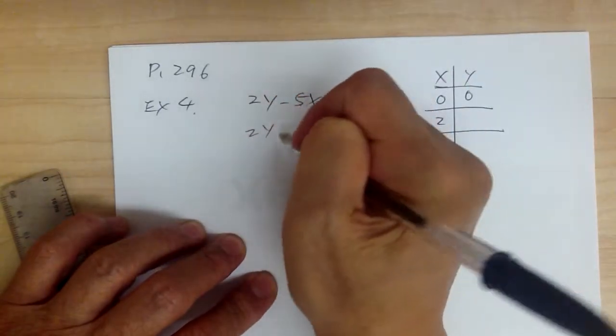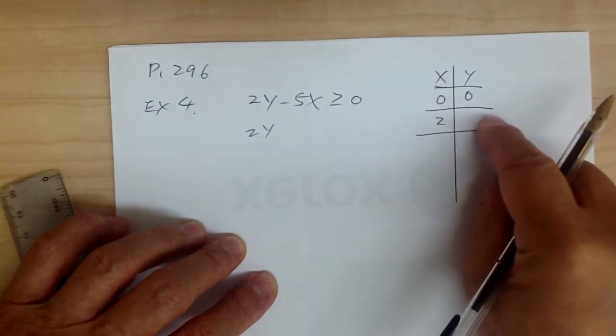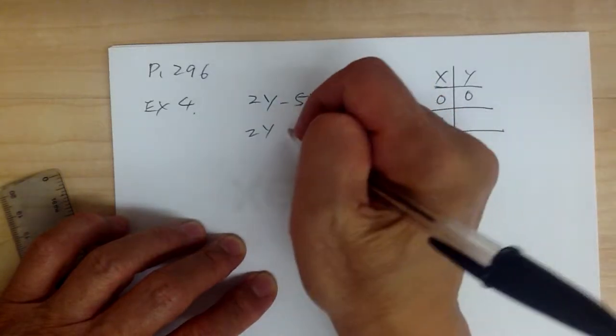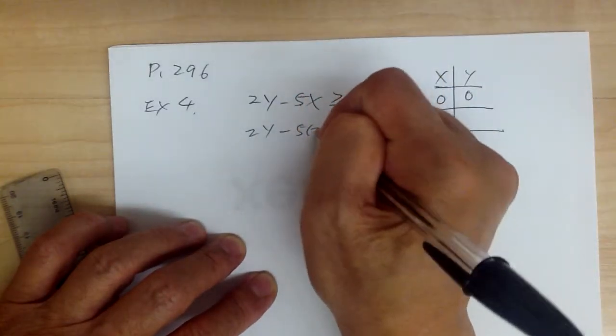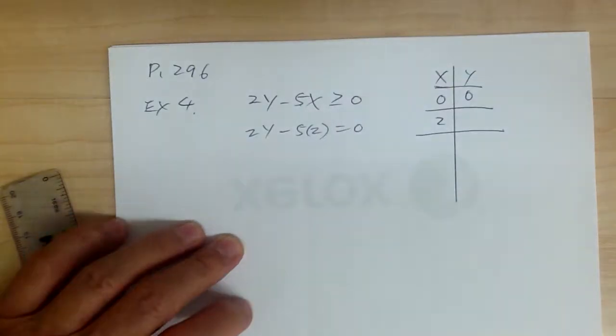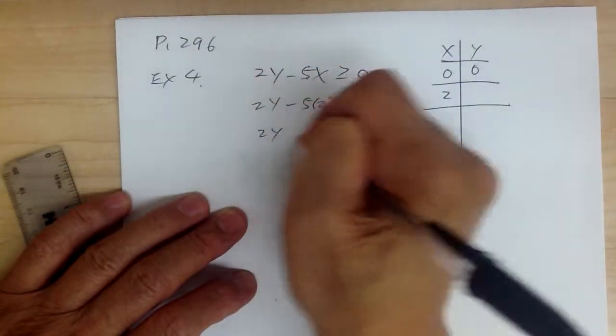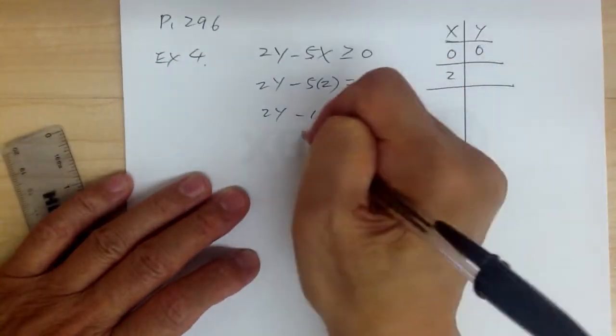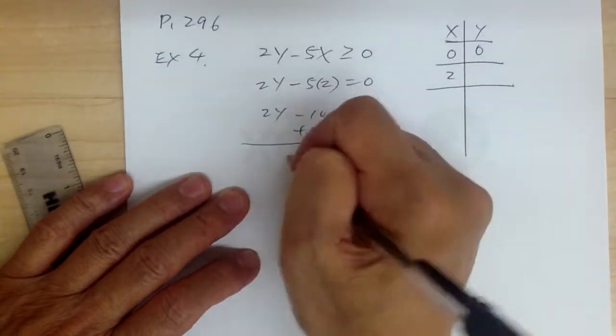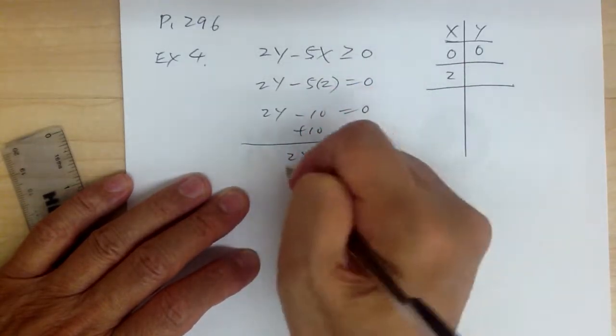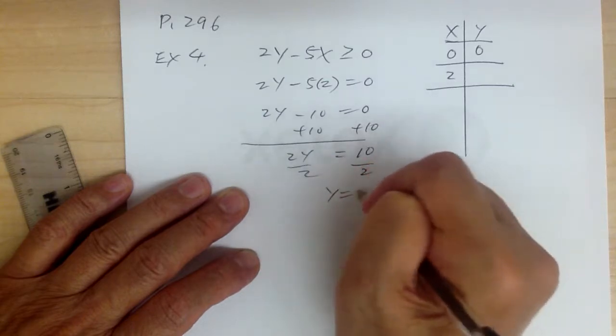Again, when you're looking for a point on a boundary, treat this as an equal. So minus 5 times 2 is equal to 0. So you got 2y minus 10 equal to 0. So plus 10, plus 10. So 2y equal to 10, divided by 2, divided by 2. So y equal to 5. Right?